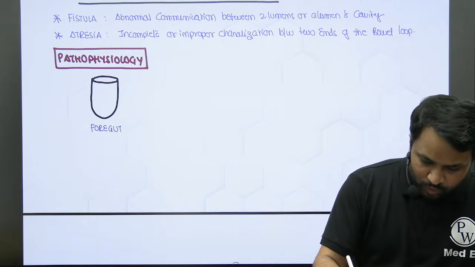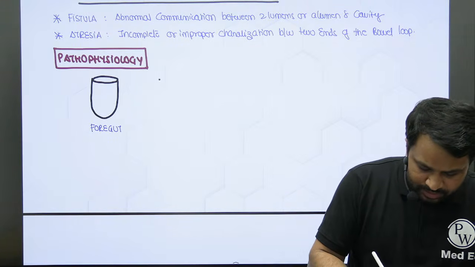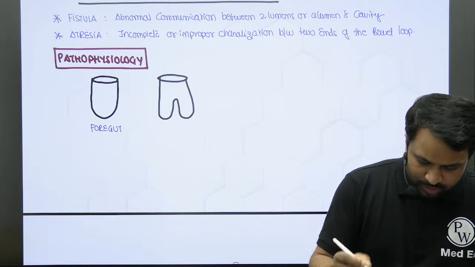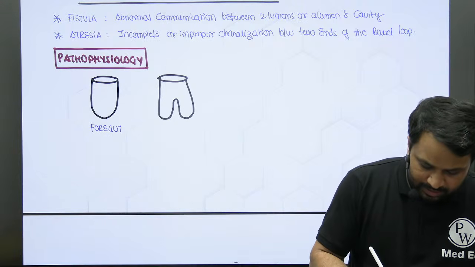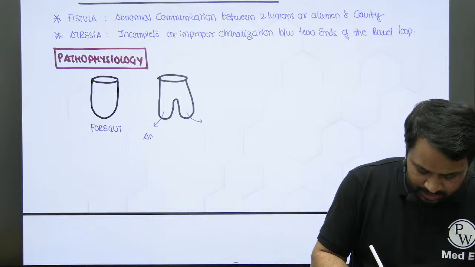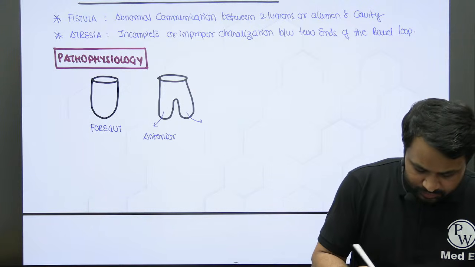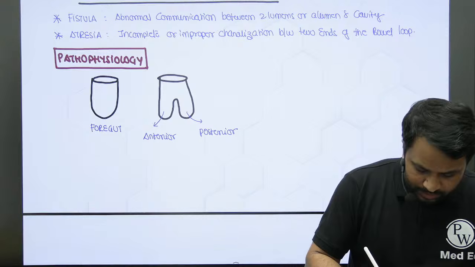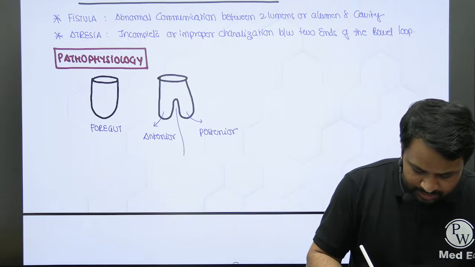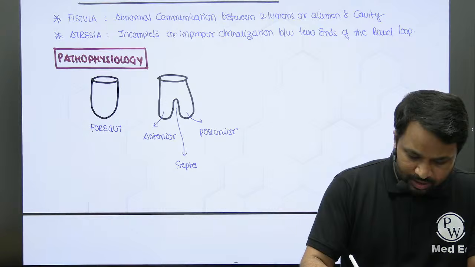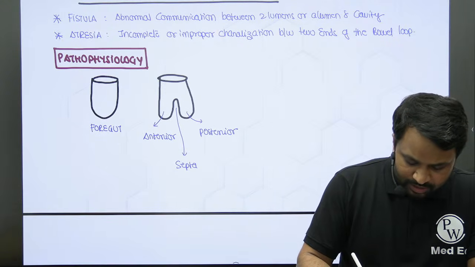Now, as the foregut continues to develop, you will see there's a development of a septum, and this septation will divide the foregut into two lumens. There is an anterior channel and there is a posterior channel. Now, this is the anterior channel of the foregut and this is the posterior channel of the foregut. And between these two, there is this septum that is formed.